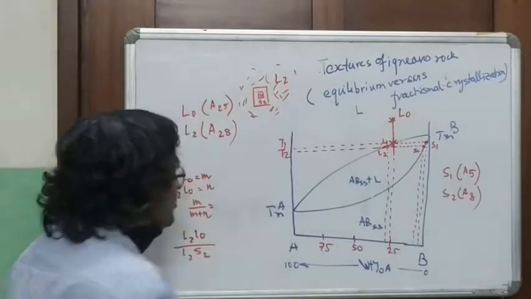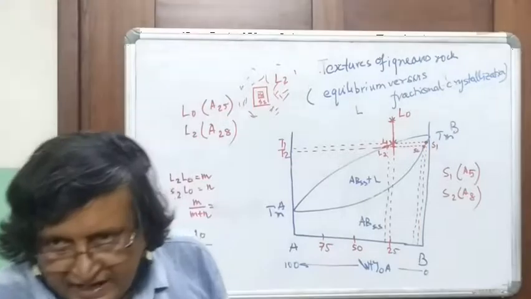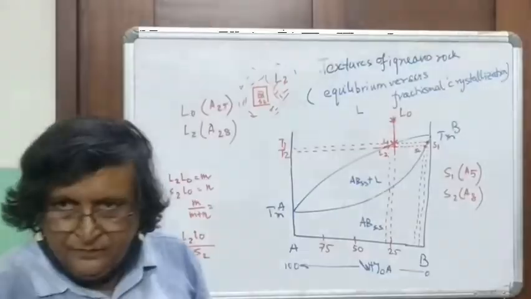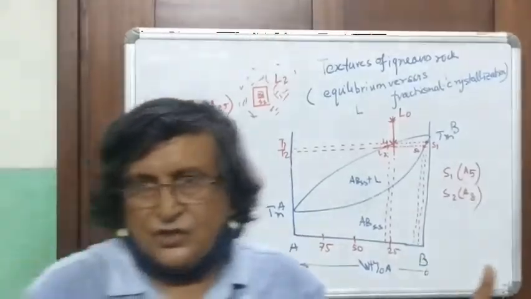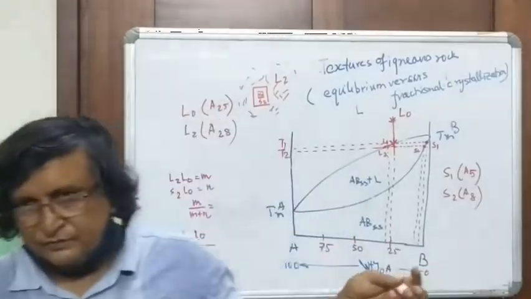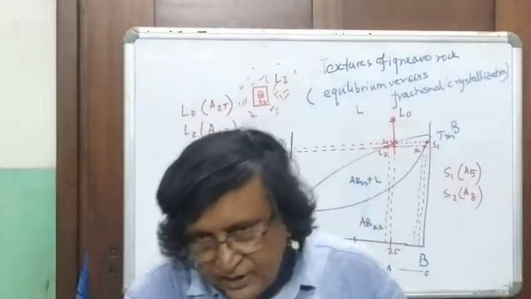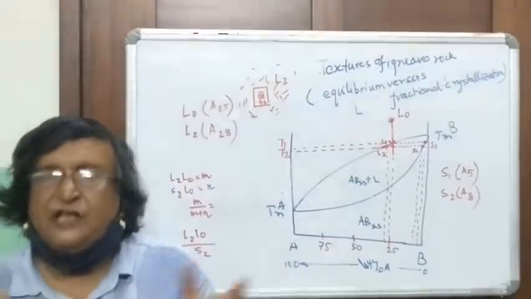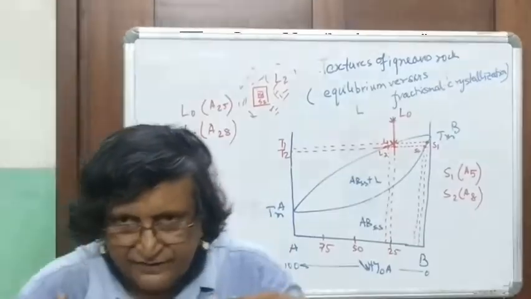So what will happen now? The contact is lost. It's a divorce. The contact is completely lost. There's no way S2 is interacting with L2 anymore. You can ask me why. I will talk about it, but let's get the hang of it first.